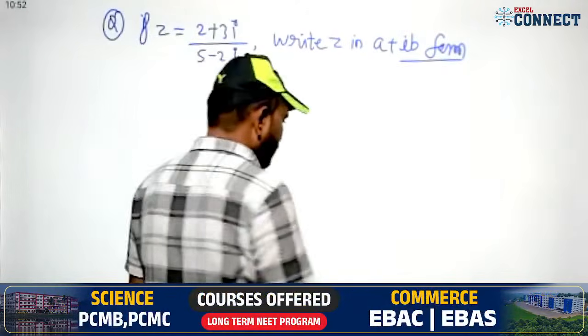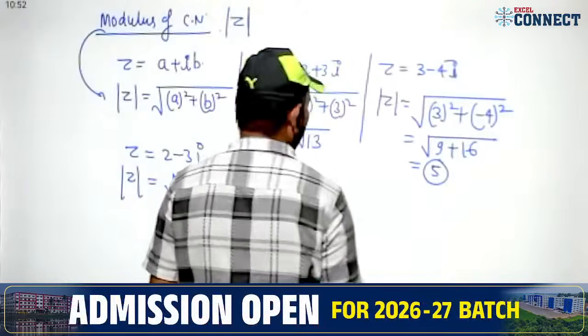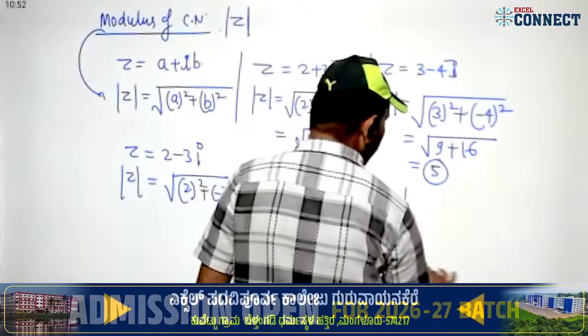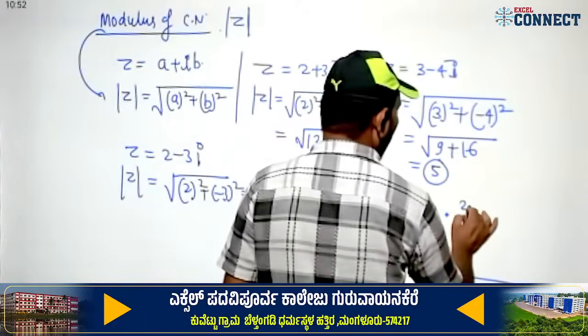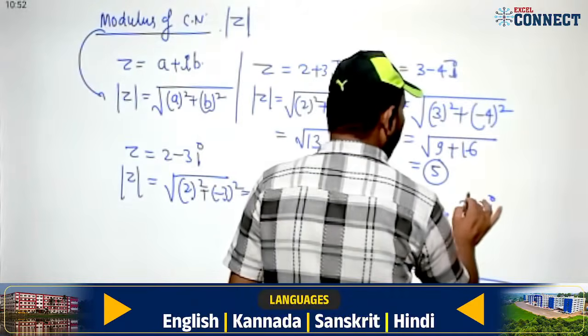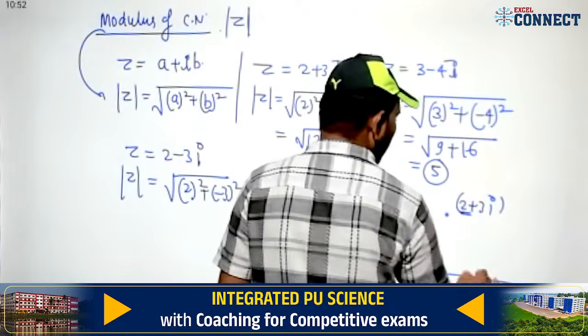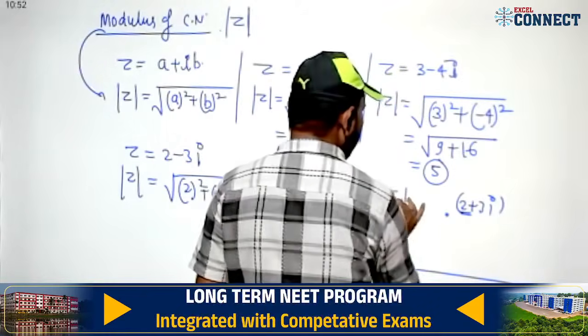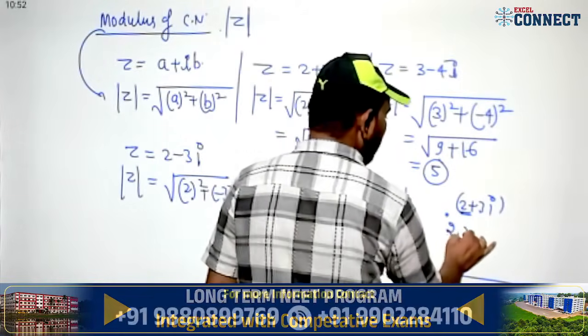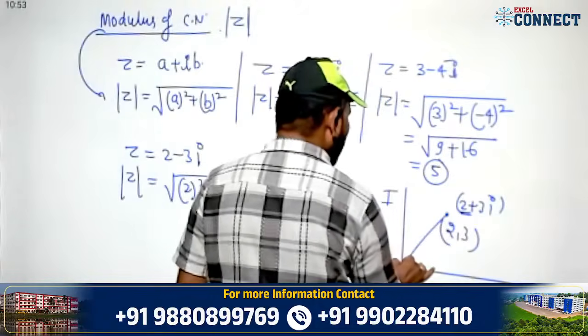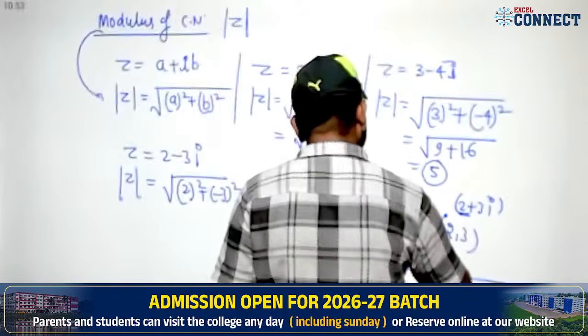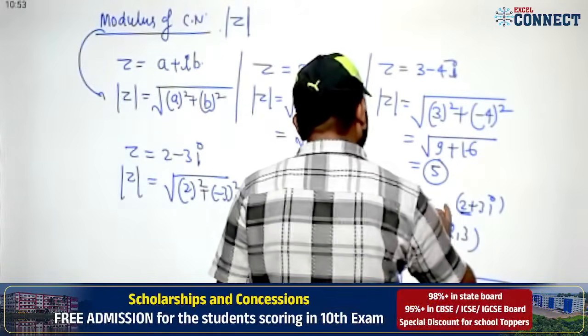At that time you will know what the modulus of Z is. If you ask again what is the modulus of Z: if any point is there, let's suppose 2 plus 3 iota, the real portion is 2 on the real axis, and the imaginary portion is 3 on the imaginary axis. The distance from the origin is called modulus. So distance D is equal to under root of 2 square plus 3 square.